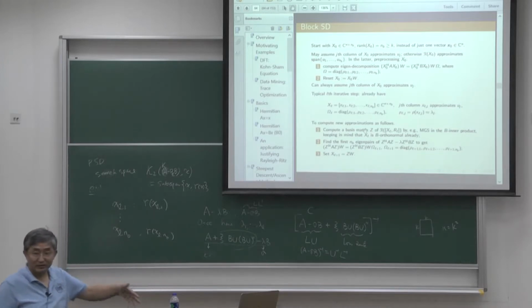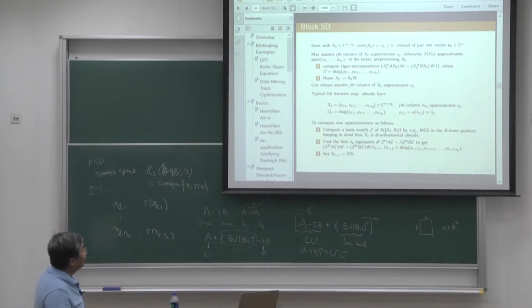That's what you wanted, right? It's going to converge to 0. Otherwise, you wouldn't be doing that. So if you just put X and R together, it's going to be ill-conditioned because some are going to be tiny. So what we're going to do is produce a B orthonormal basis of this space, using modified Gram-Schmidt in the B inner product, for example.